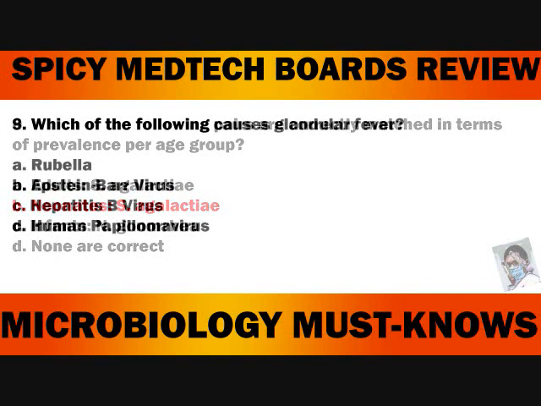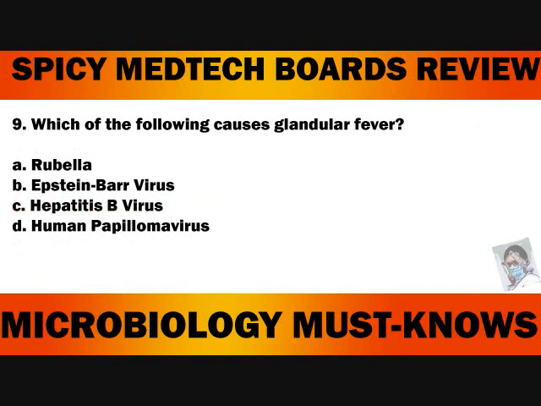Number 9. Which of the following causes glandular fever? A. Rubella. B. Epstein-Barr virus. C. Hepatitis B virus. Or D. Human papillomavirus. The answer to number 9 is letter B, Epstein-Barr virus or EBV.